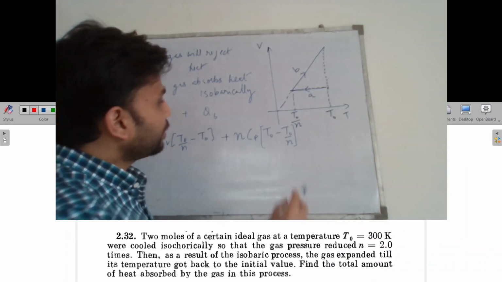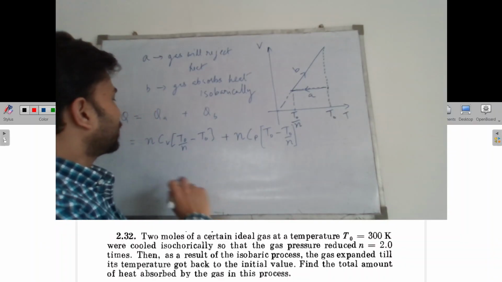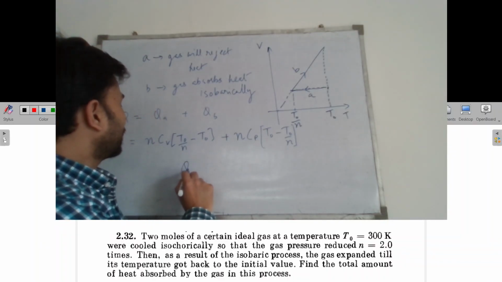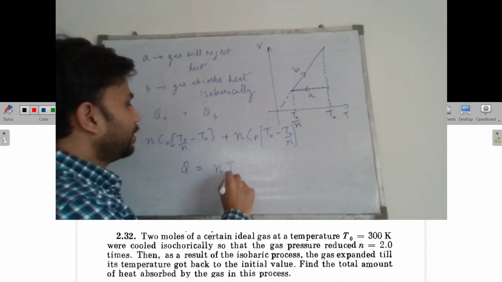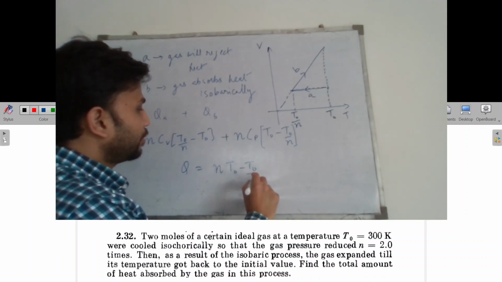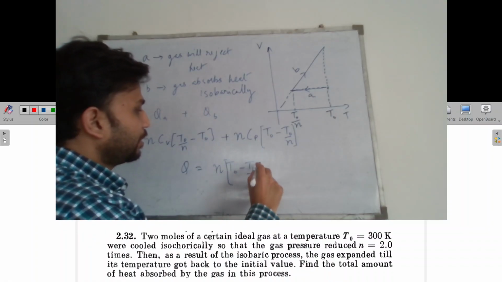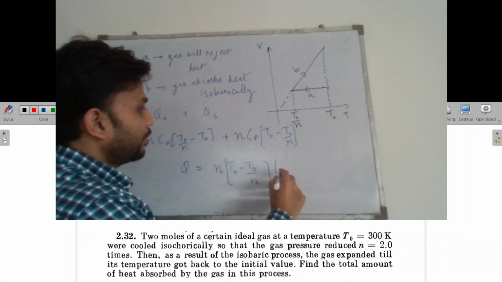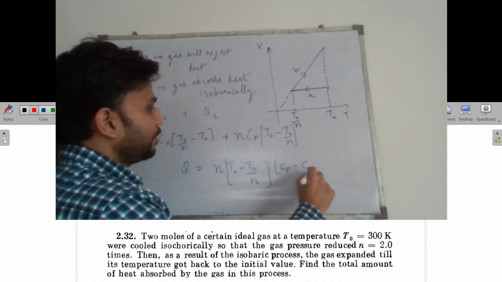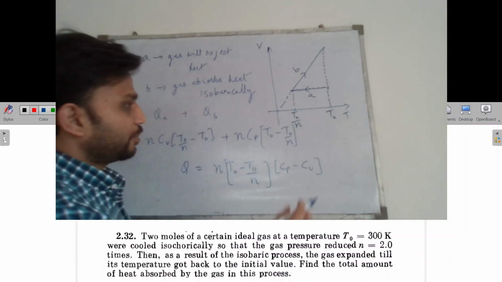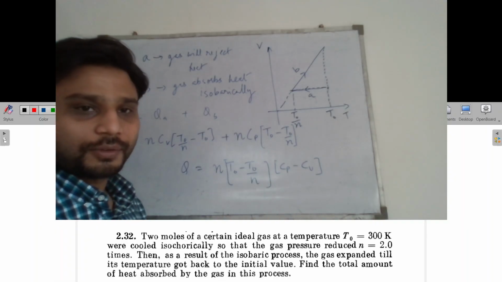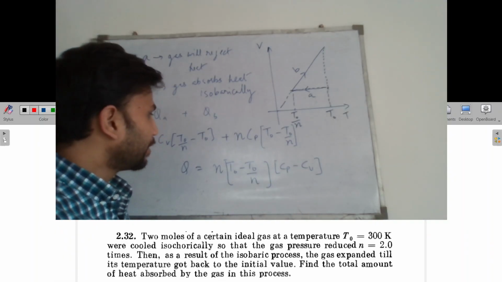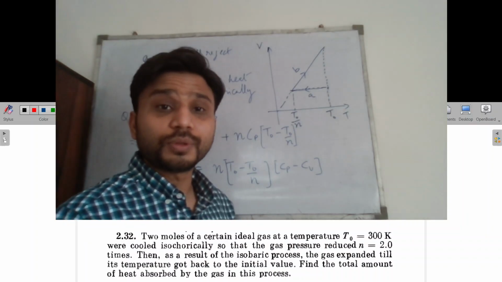If we combine these two expressions, it is pretty easy to figure out that n and T naught by n are common, and we have Cp minus Cv. Cp minus Cv for any kind of gas is R, and we are given here that there are 2 moles of gas.